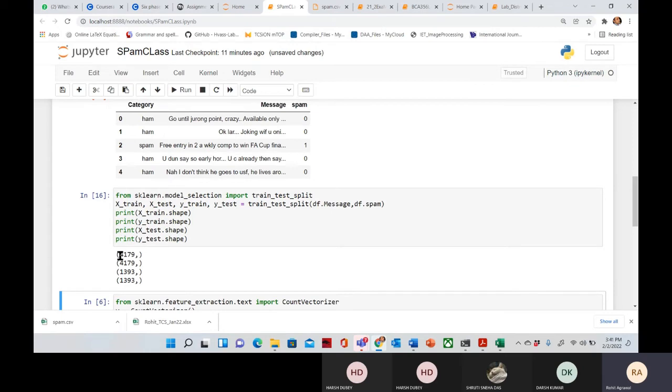This is our training data size, and this is our testing data size. Okay, this is fine.